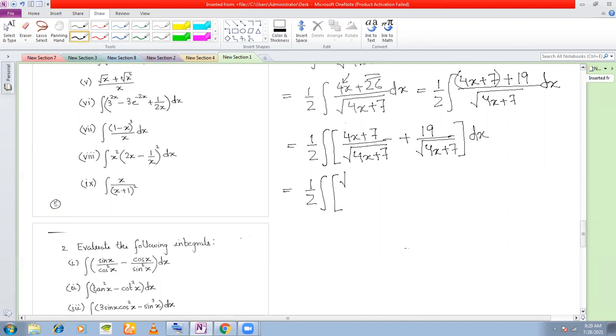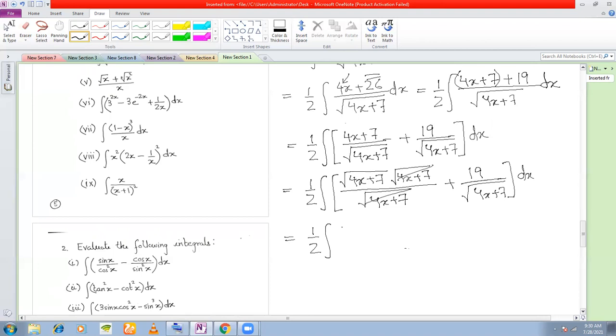Now what you can do, you can write 4x plus 7 as root 4x plus 7 into root 4x plus 7, divided by root 4x plus 7, plus 19 divided by root 4x plus 7 dx. So this and this cancel. So simply we get here half integral square root 4x plus 7 plus 19 divided by square root 4x plus 7 dx.